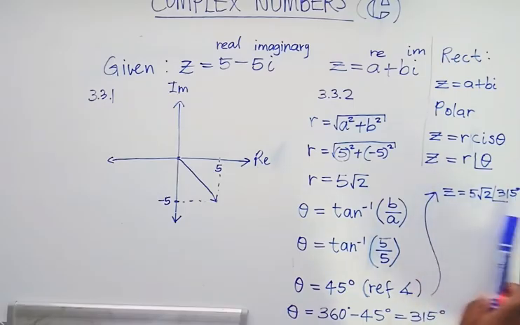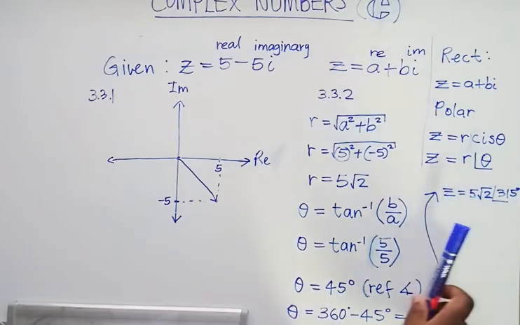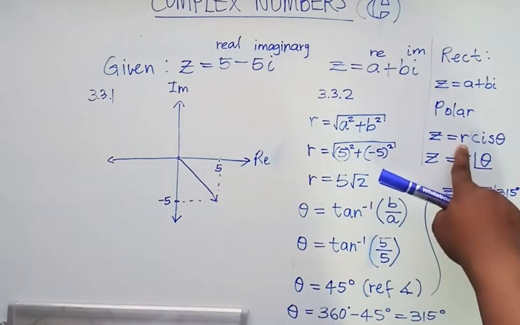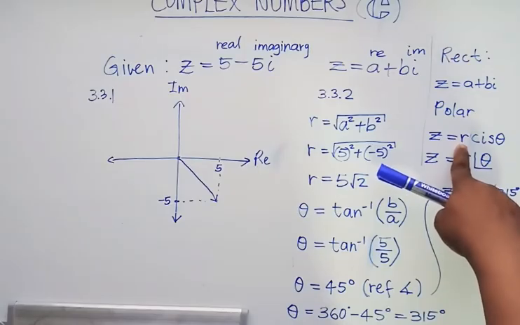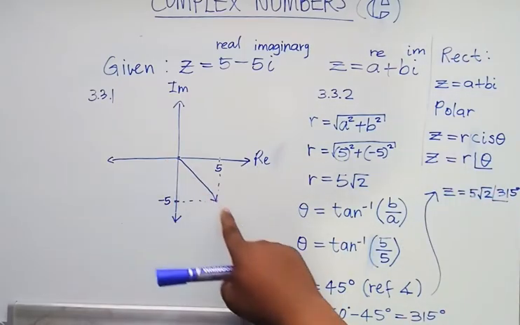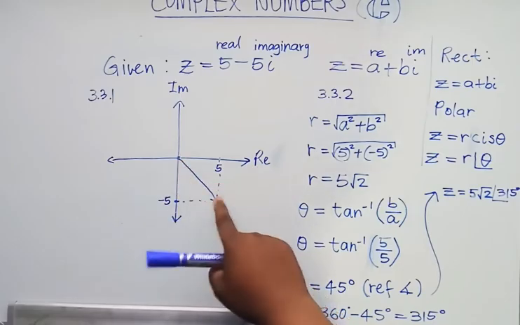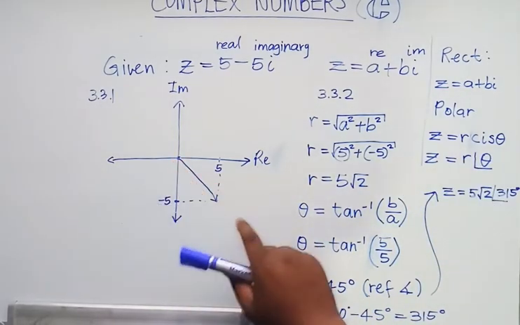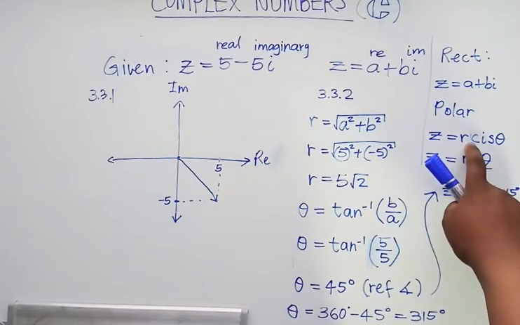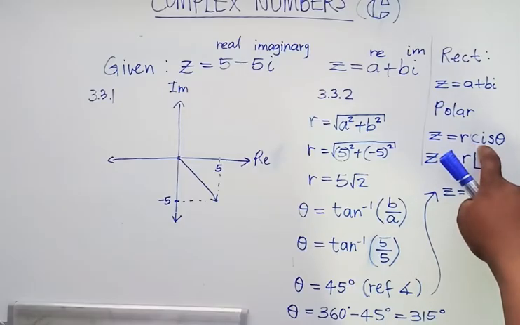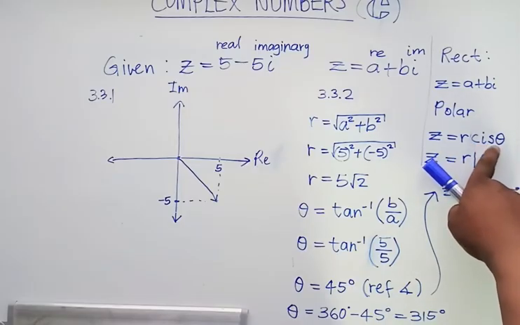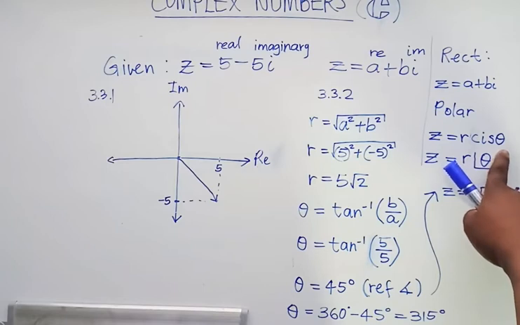The first thing to do is to find r, which is your radius, the length of this line, sometimes called the modulus, and then theta, which is your angle.